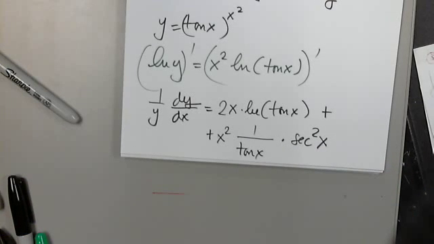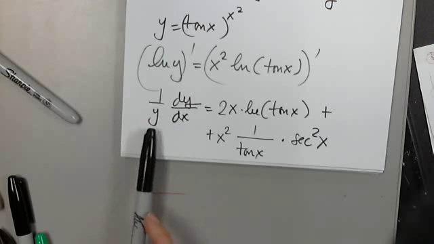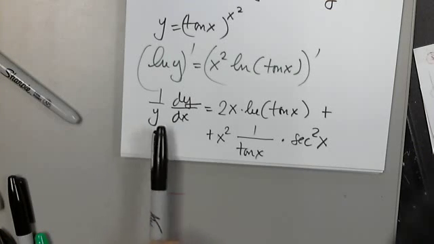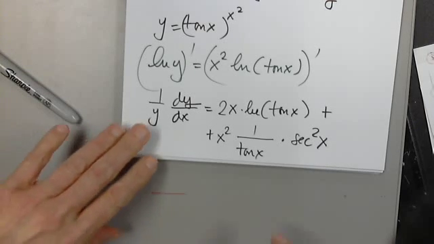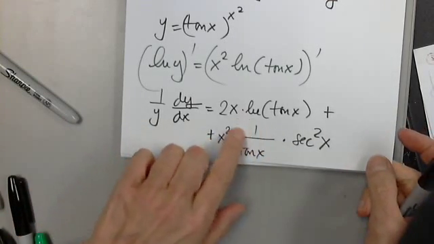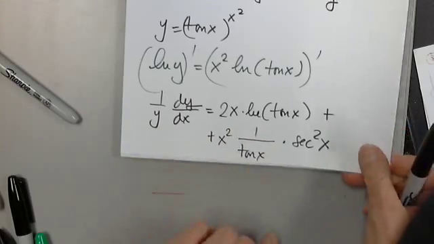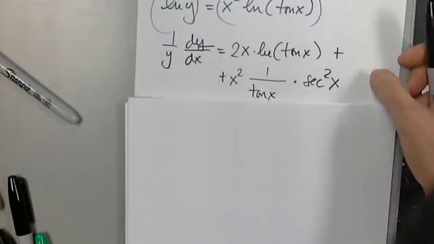It's not done because we have to solve for dy over dx. Doing what? Multiplying both sides by y. If you don't want to keep any fractions, you can change this into cotangent, and I'm going to do that. It doesn't matter, really.